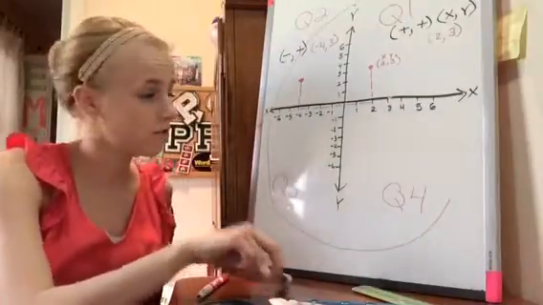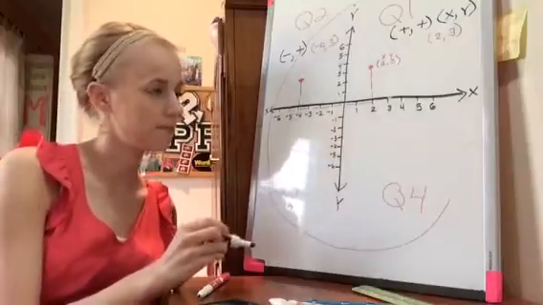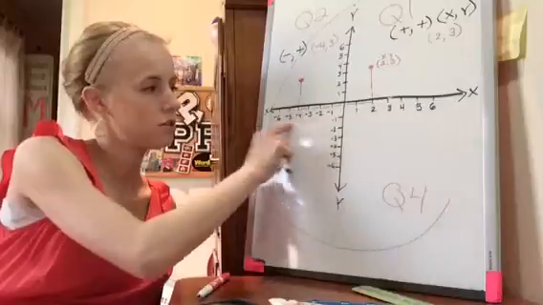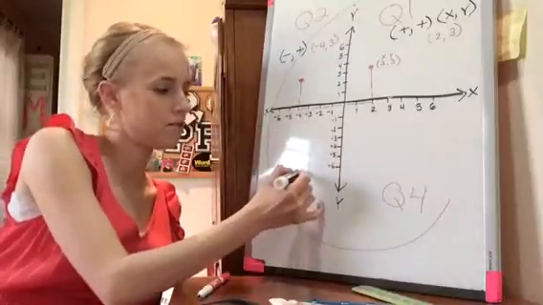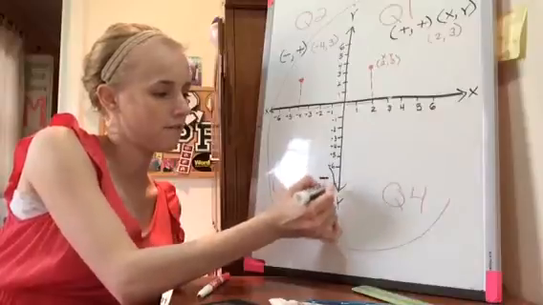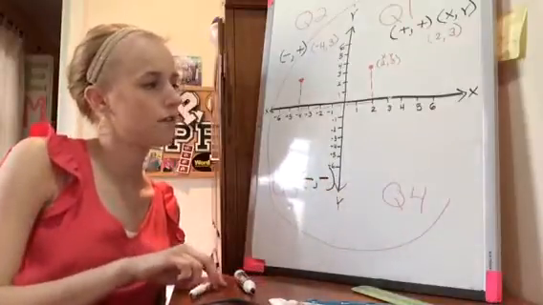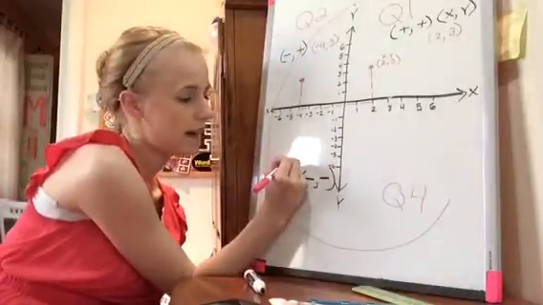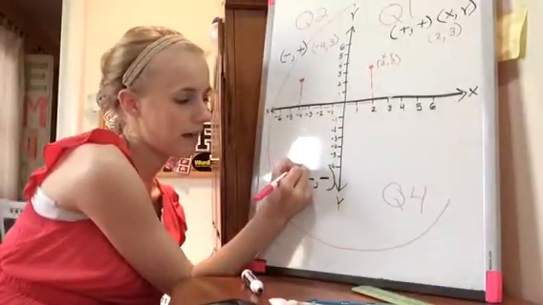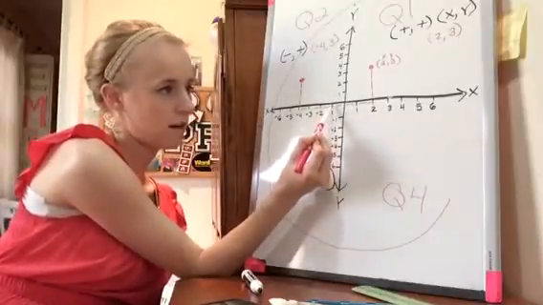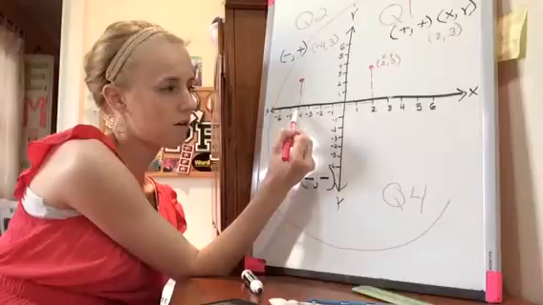How do I get in Q3? Well, that's an excellent question. So let's take a look at that. Notice the numbers surrounding it are both negative. So these are going to be negative, negative. If I wanted to plot the point negative 5, negative 1, I'd go over in the negative direction 1, 2, 3, 4, 5.